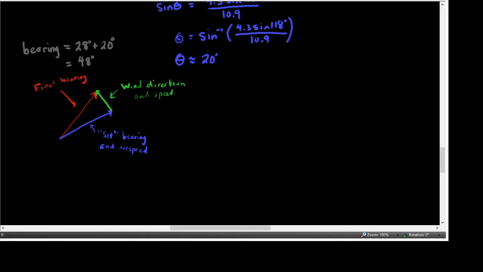Ground speed is what we call that actual speed that we're moving. So that's how we're going to calculate what the plane is actually doing.